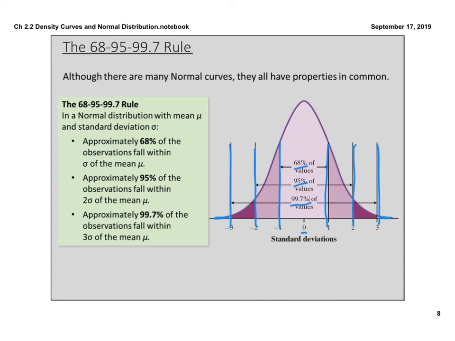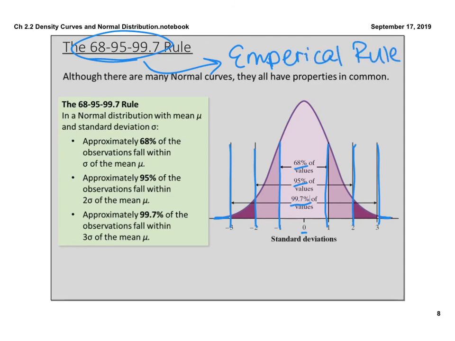This thing right here, this 68, 95, 99.7 is also called the empirical rule. You'll see it referred to that sometimes. The empirical rule is what tells you you've got 68, 95, 99.7, or in other words, you're looking at a normal distribution.